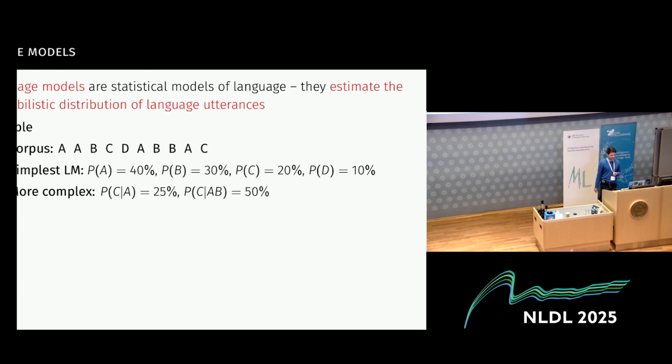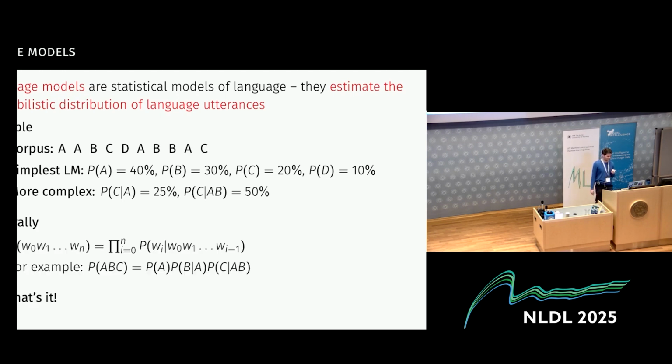And similarly, we can estimate the probability of C following A and B. Again, there are two occurrences of A and B in our simple corpus. One of them is followed by C. So the probability of C following A and B is 50%. Yeah, so this is basically language modeling.